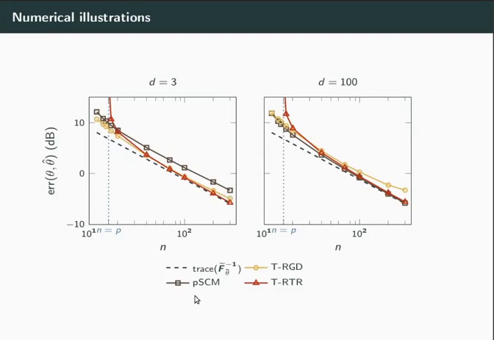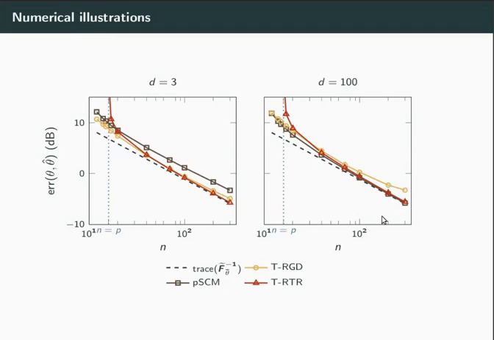So we compute the sample covariance matrix, and then we project it onto the set of low rank matrices. As expected, it doesn't perform very well when the data are non-Gaussian, but it's the best estimator when the data are almost Gaussian.